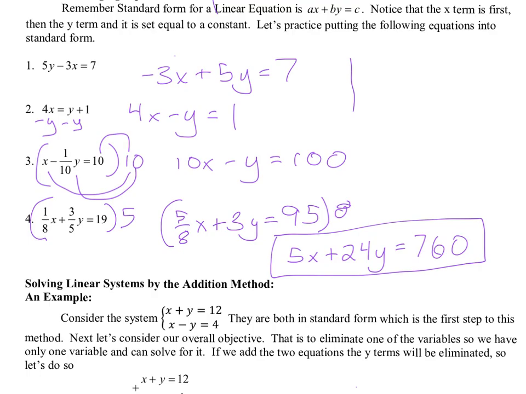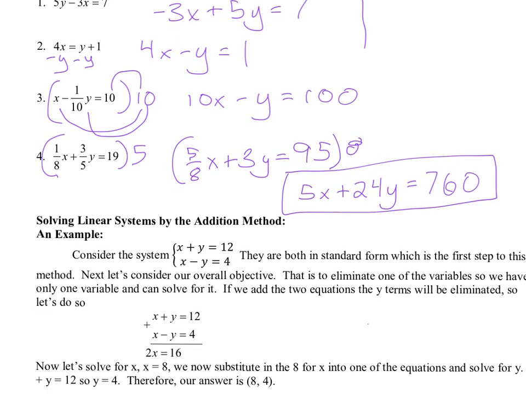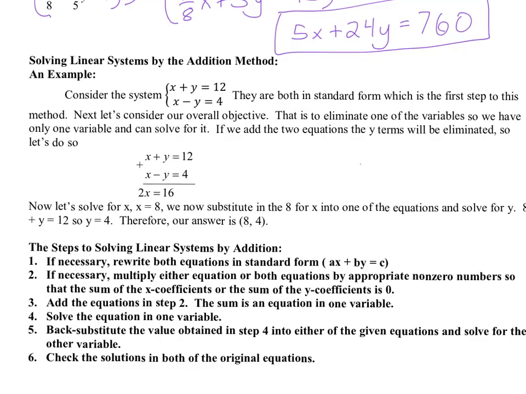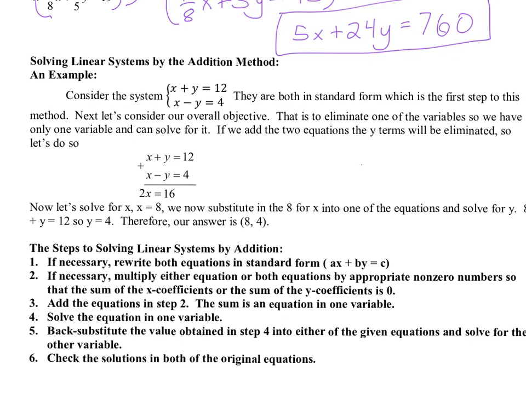Now, solving linear systems by the addition method. Consider this system. What we do is add the two equations together. The whole point is to get rid of one of the variables. As you can see here, I've gotten rid of the y variable, because a plus y and a minus y, when added together, go away.